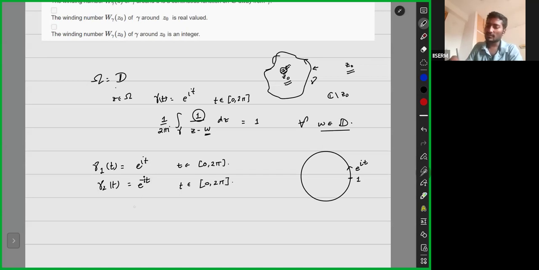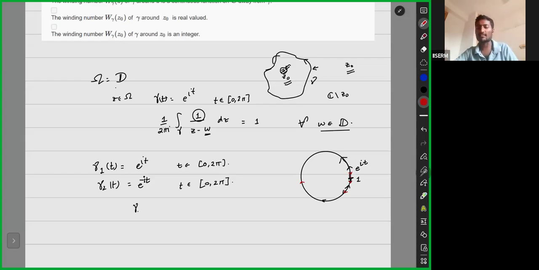So the curve gamma is like this: the first direction reaches up to 1, and then it returns and again ends at 1, where it had started.